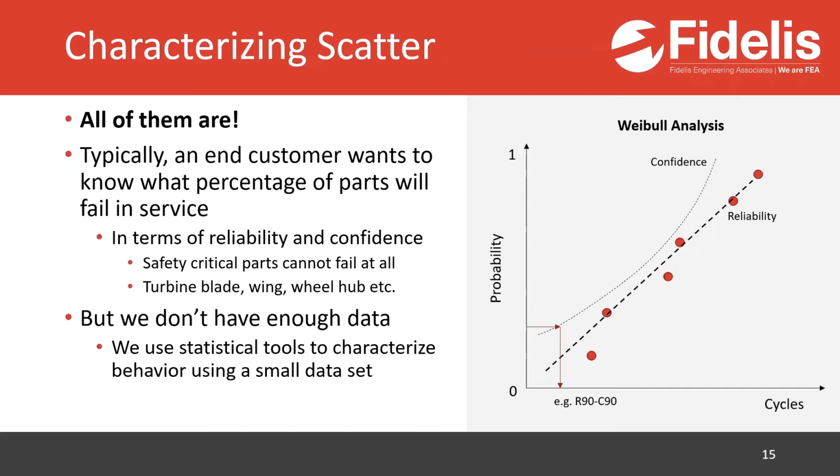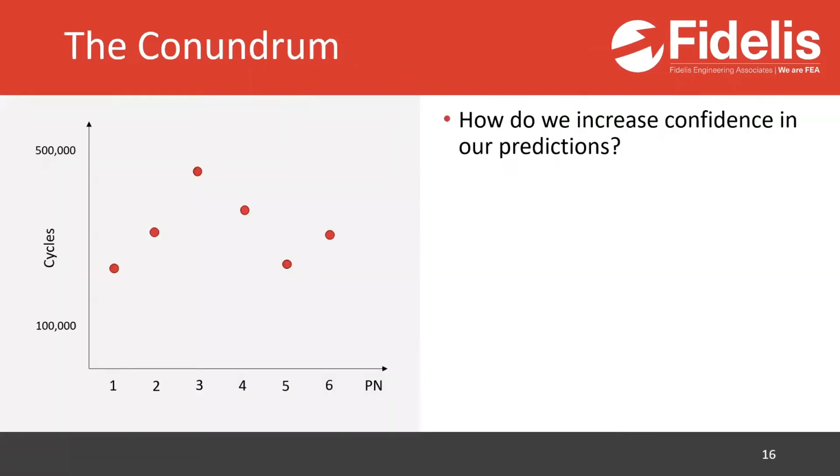And so all of a sudden, our 150,000 cycle lowest test, now we're moving that down to maybe 100,000, or maybe if we want a 99% safety rate, we might move it down to 50 or 30,000. Now our 250,000 cycle prediction is starting to look worse and worse and worse.